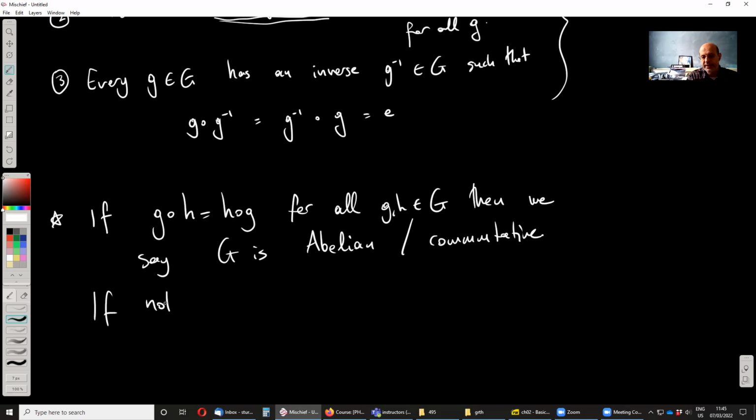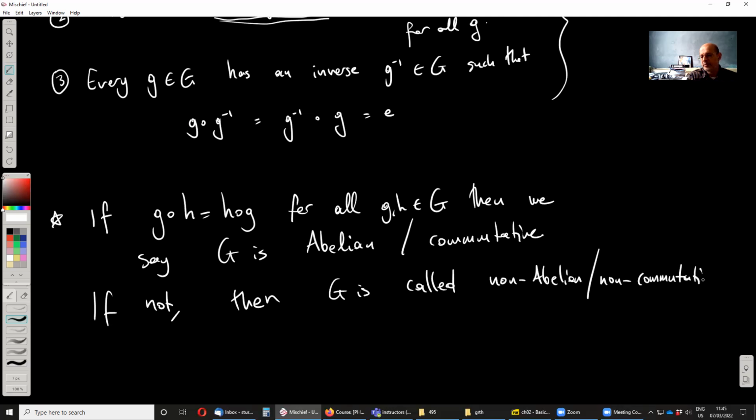If there are some elements which do not commute with each other, then G is called non-abelian or non-commutative. We have examples of symmetry groups of each kind, basically.